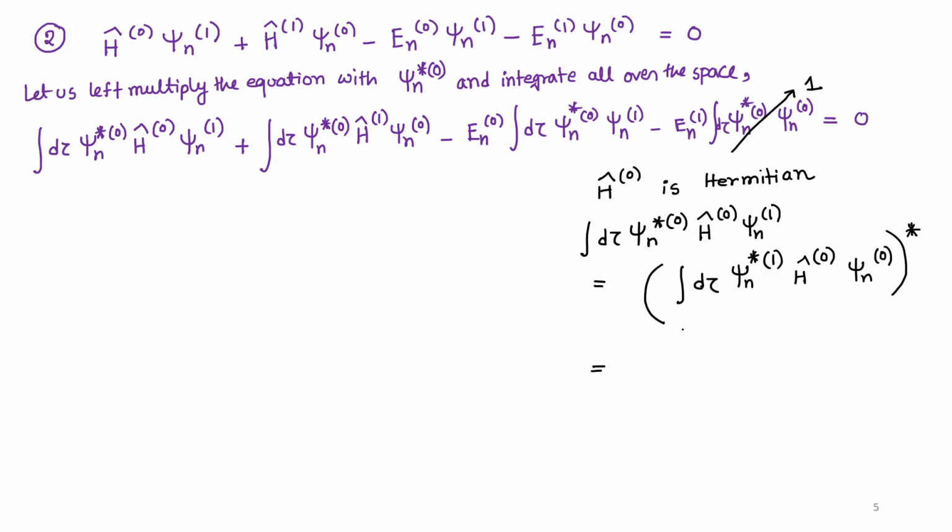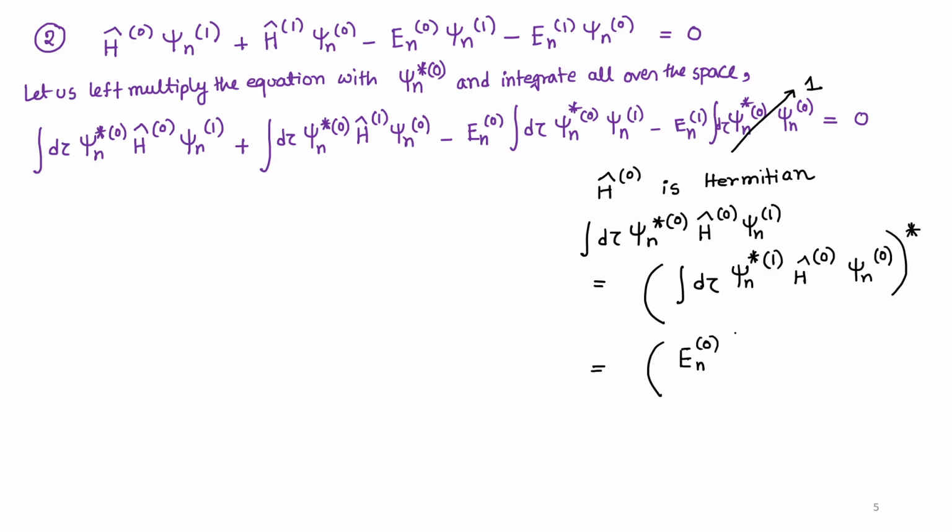Obviously, the zeroth order Hamiltonian is going to operate only on psi n zeroth, not on psi n first, right? So we are going to get En zeroth, right? When this operator operates on psi n 0, it cannot operate on psi n 1.